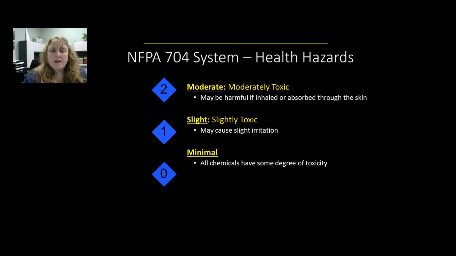In cases where you have a number 2, that means there's a moderate toxicity risk, and it could be harmful if it is inhaled or absorbed through the skin. And of course, 1 is slightly toxic and it may cause slight irritation. With 0, it's considered minimal. Just remember that all chemicals do have some degree of toxicity, so we don't want to take it lightly, even though it does say 0.